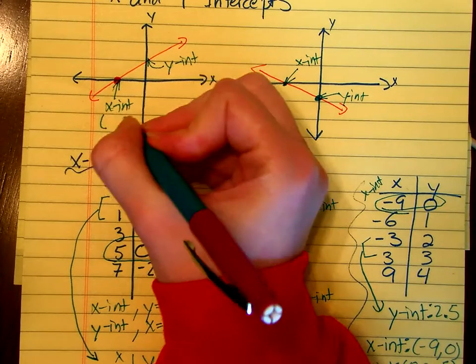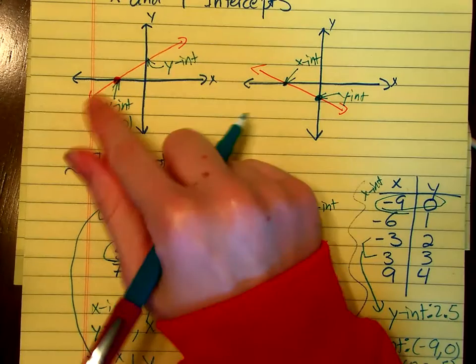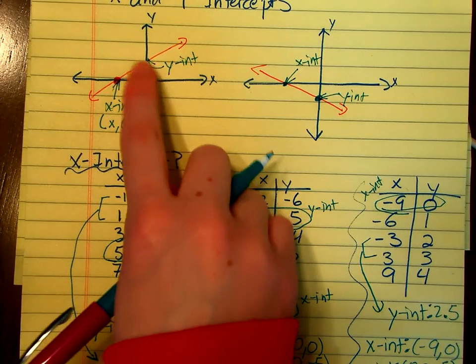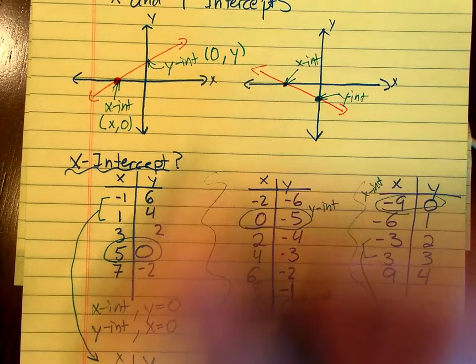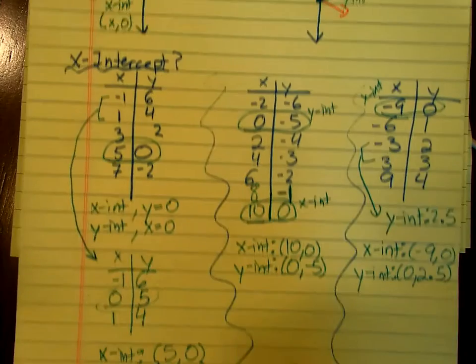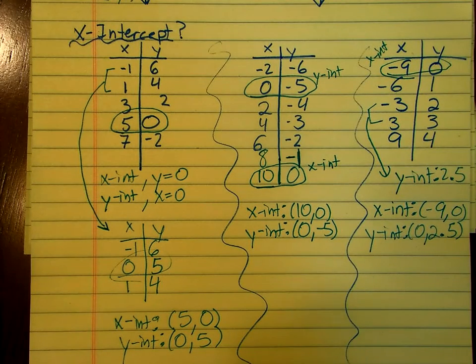It'll always take the form of some x value, comma 0. The y-intercept, similarly, is where the line crosses the y-axis. It'll always take the form 0, comma that y value. And then you can always continue patterns from a table or look at what they already gave you.